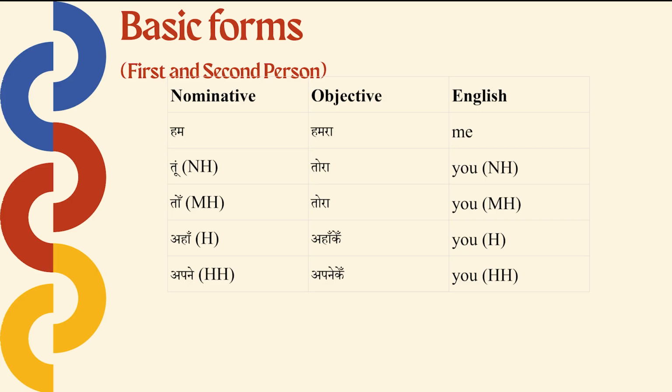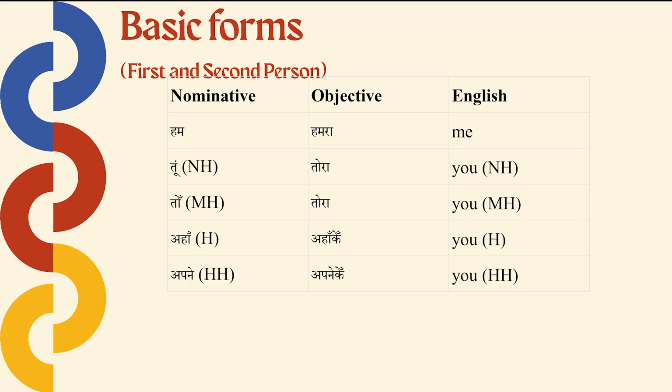So, hum becomes hamara in objective position, tum, that is you, becomes tora in objective position. Ta, which is middle honorific, also becomes tora, and aha, which is the honorific form, gets the accusative case marker ka added to it.